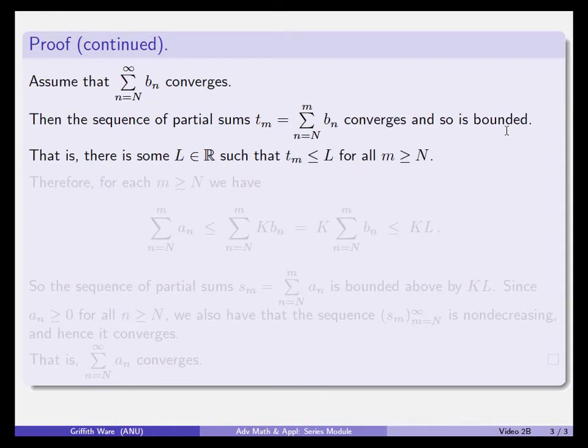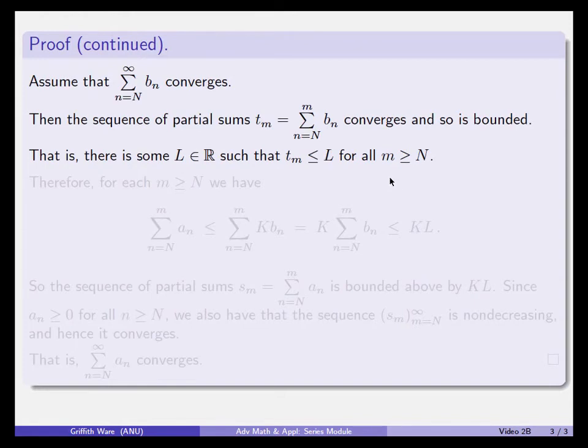If something's bounded, that means that there is some constant capital L that is an upper bound for the sequence. So we can find some real number L such that Tm is less than or equal to L for all possible m.